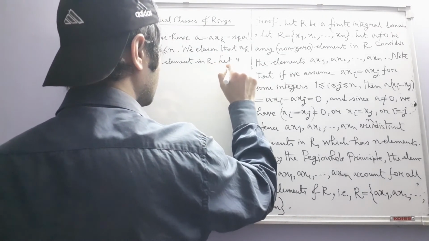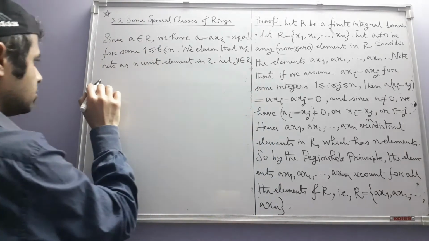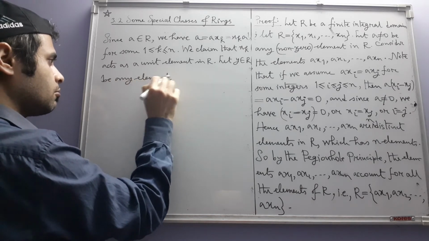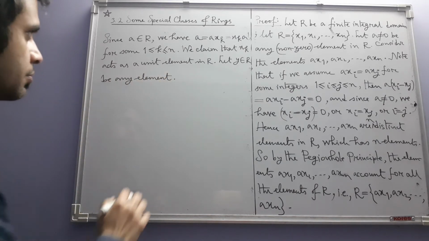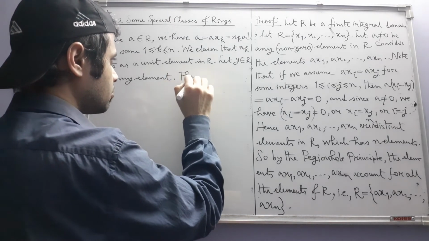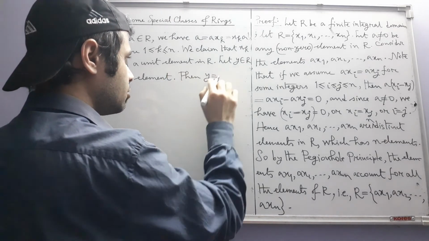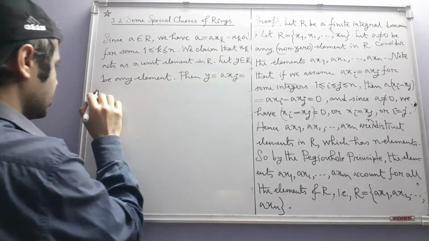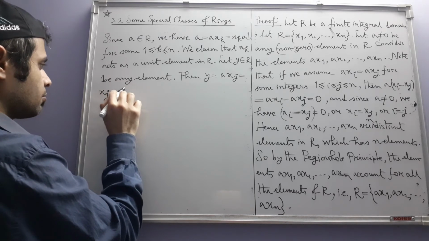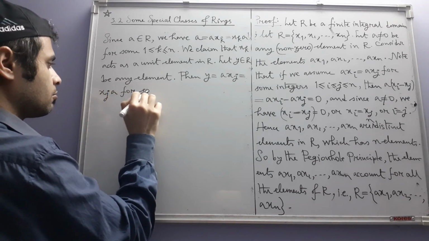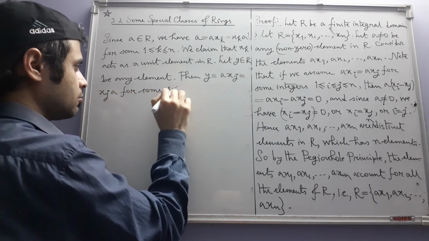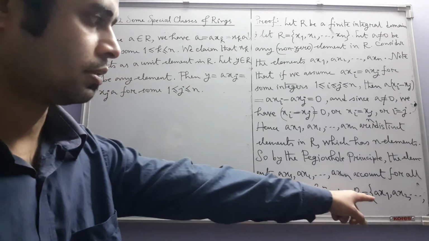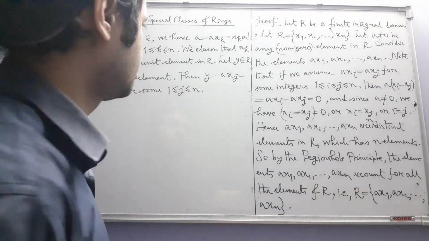Let y belonging to R be any element. Then y is equal to axj, which is equal to xja, for some j lying between 1 and n, because that's how the elements of R look.